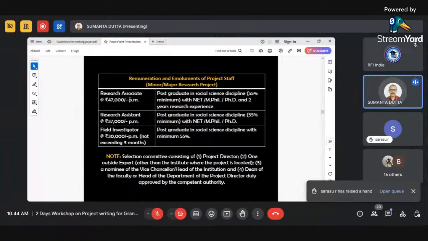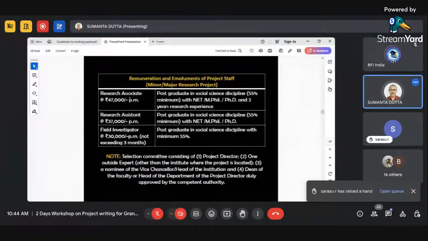And third, a nominee. He may be the project director or head of the institution, so that the work is determined and controlled. Okay, so in that way, the entire thing.